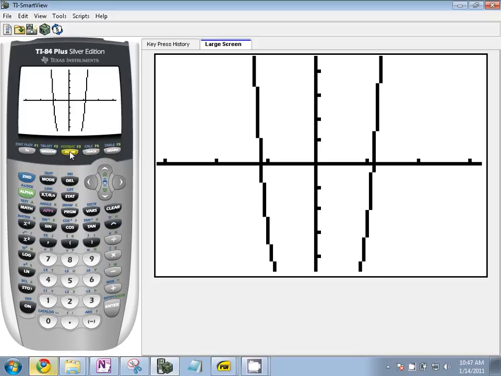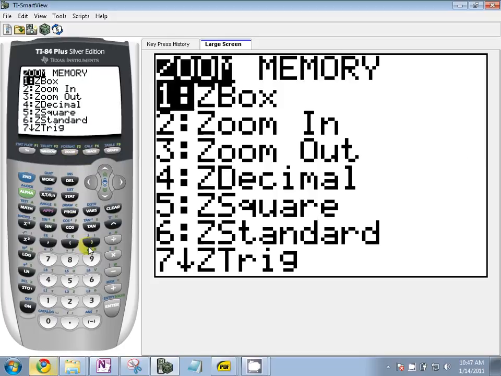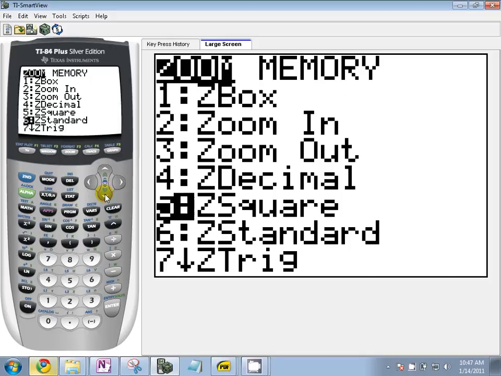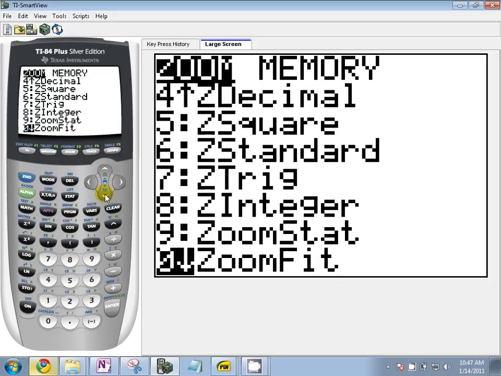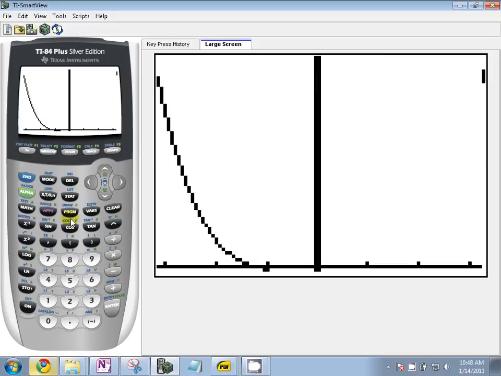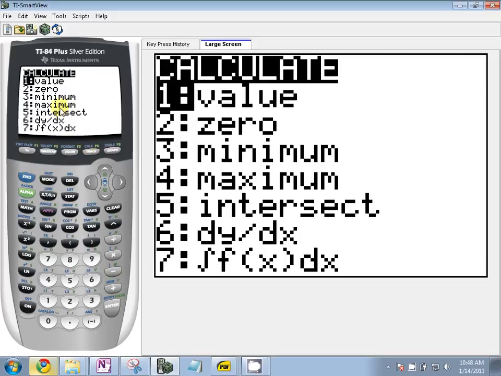Ooh, fraction. Let's go to zoom trig. Zoom fit can help a little bit. This function goes down. It goes up. Now, if we wanted to find the minimum value of this function, that might be a little hard. Might be a challenge. Inside your calculator, second calc, do you see this maximum and minimum function?